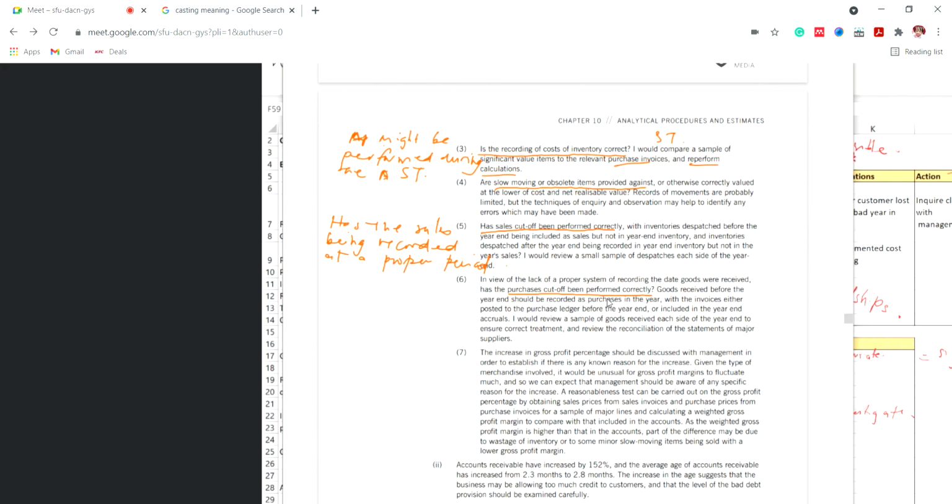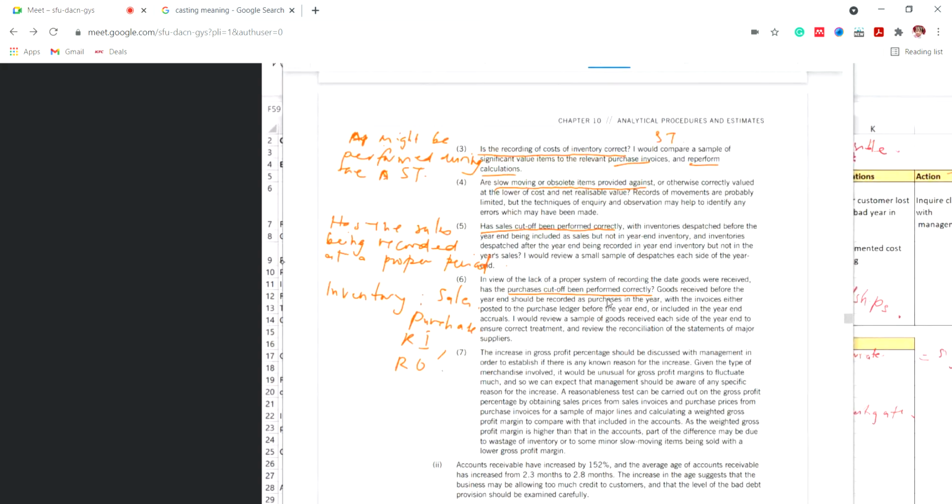Because when we talk about inventory, it will include sales, purchases, return inwards, and return outwards. So also perform the purchase cut-off test.